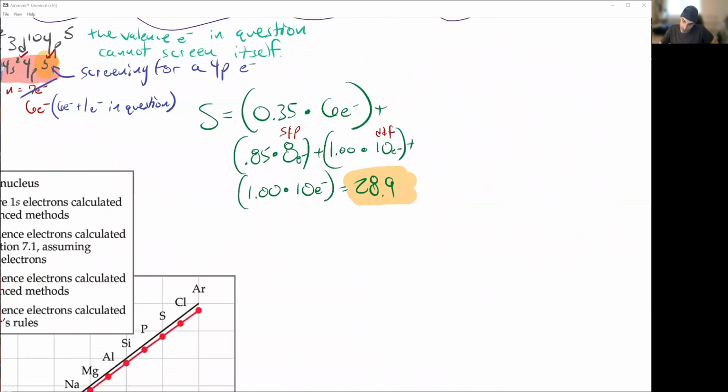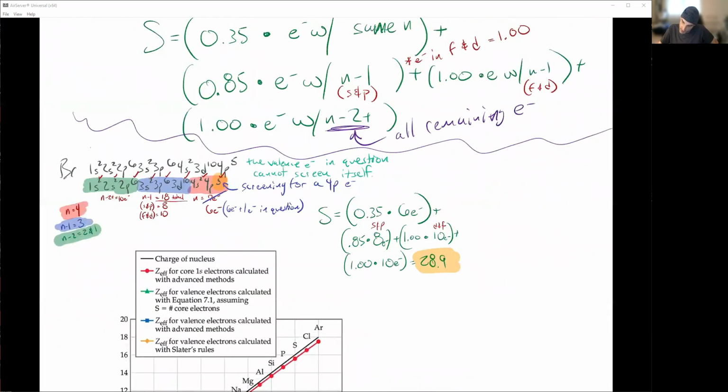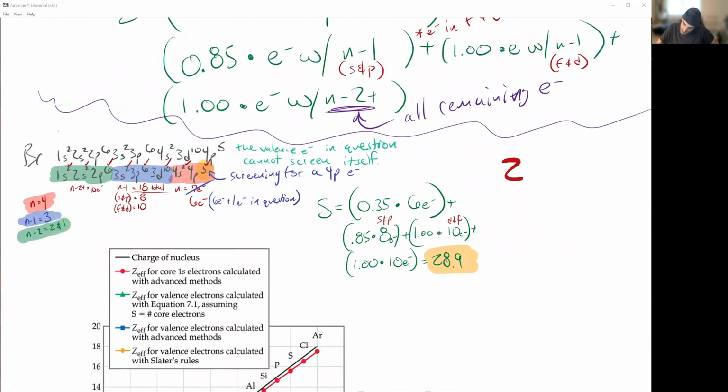So our shielding constant is 28.9. Now when we actually do this calculation, what is the Z effective of bromine, or what is the Z effective of the outer shell, the valence shell? We can do these for inner shells, but we always do this for the outer shell of electrons, the valence shell.